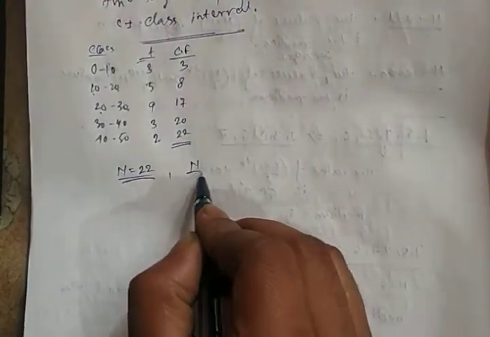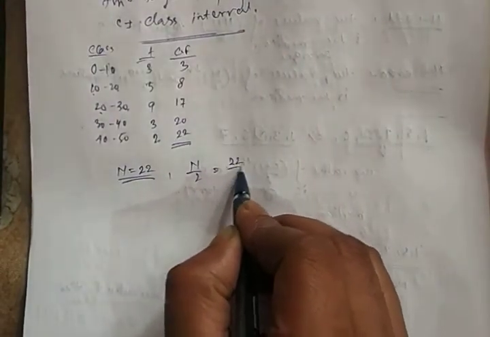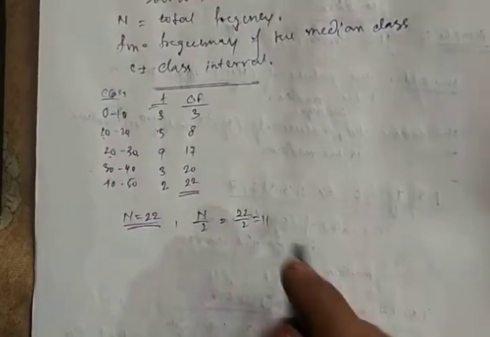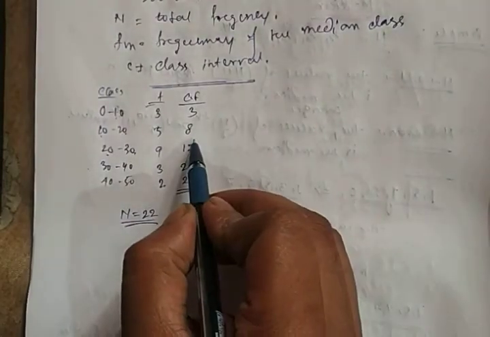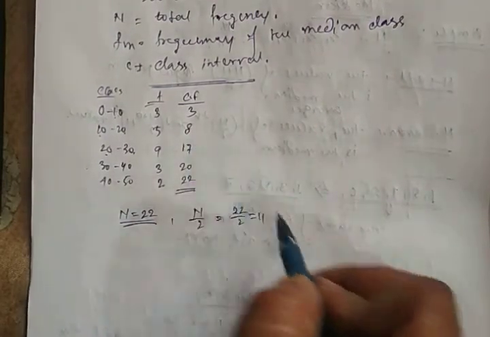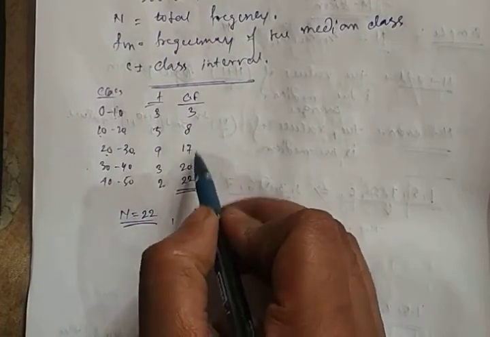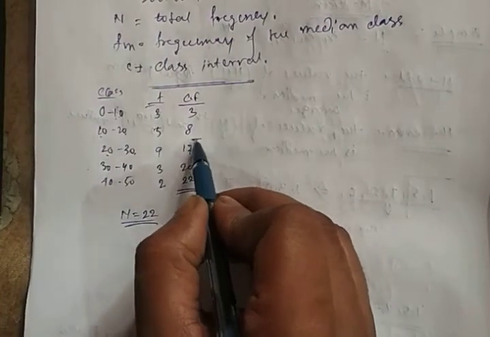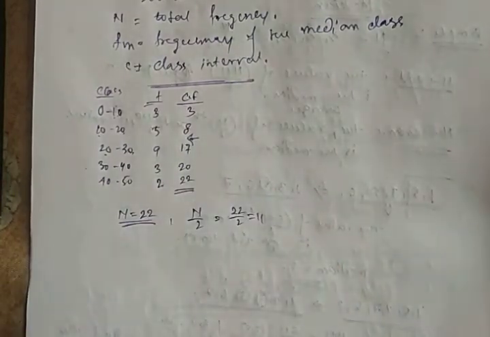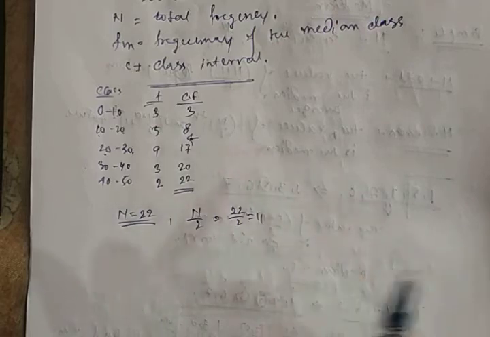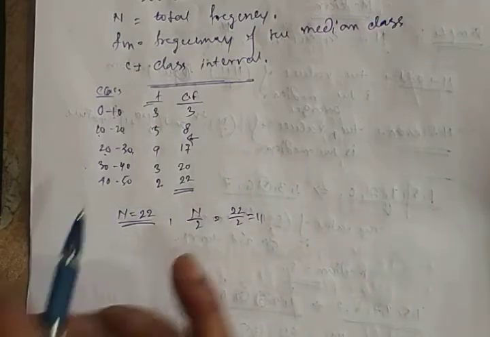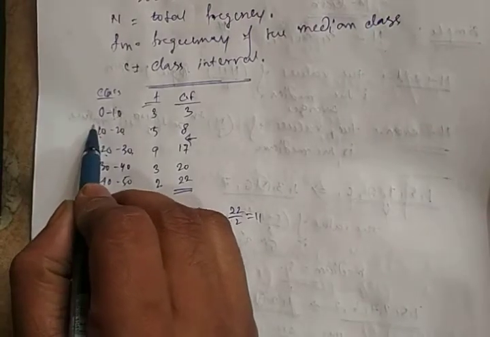So n by 2 equals 22 by 2, which is 11. Now 11 lies between the cumulative frequencies. So this will be the median class.